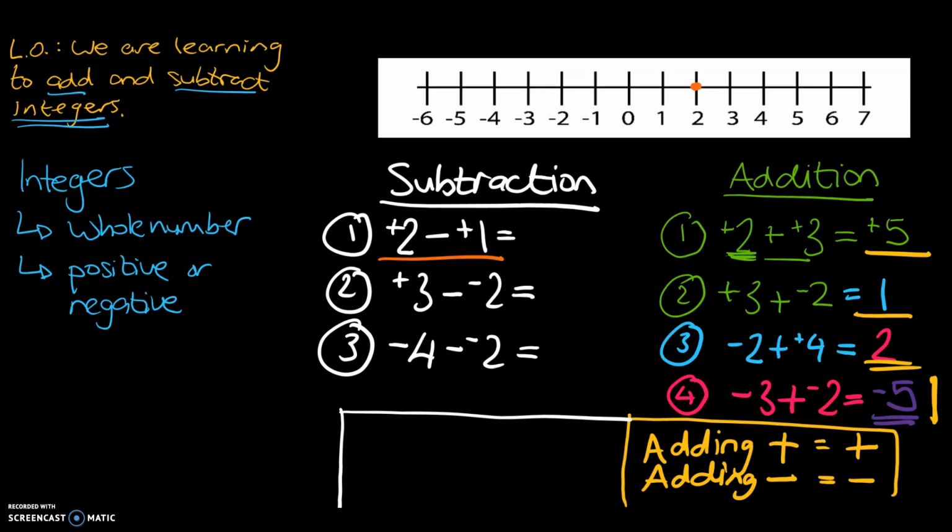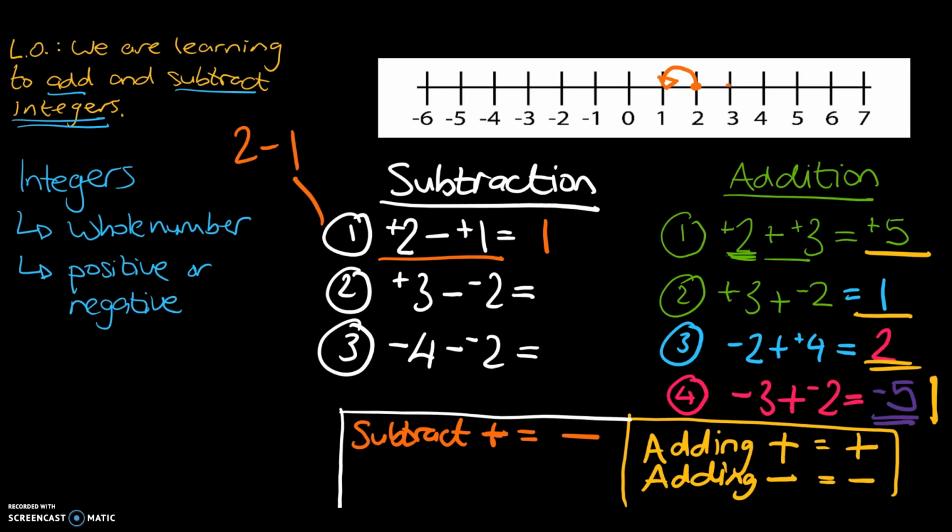So when we are subtracting positive 1, we are just going back 1 space, which means our answer will be 1. And another way we could write that is 2 minus 1. So that means down the bottom, if we are subtracting a positive, that is the same as subtraction. Let's have a look at question 2.